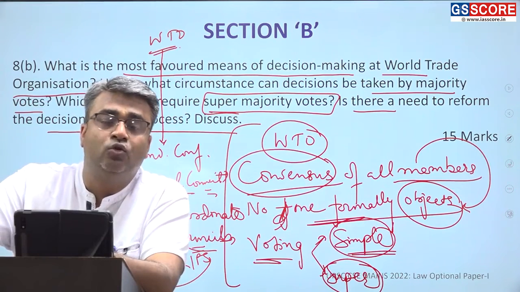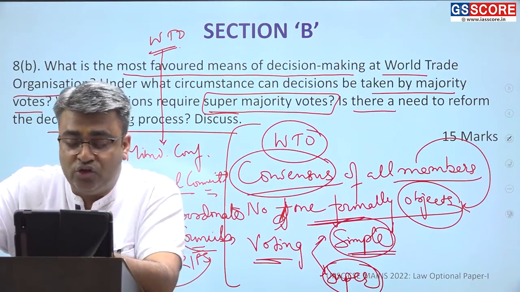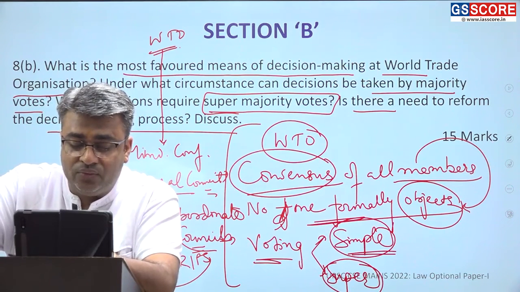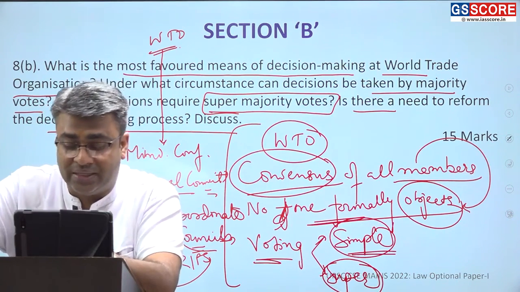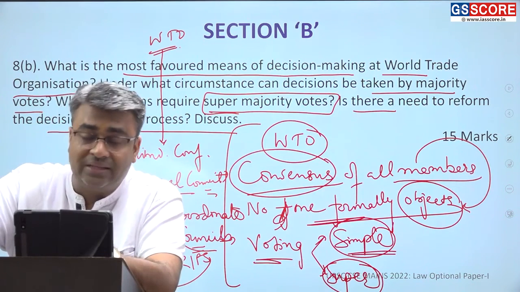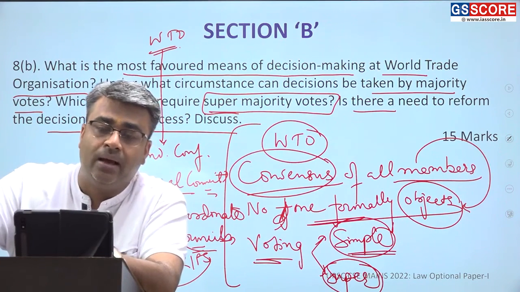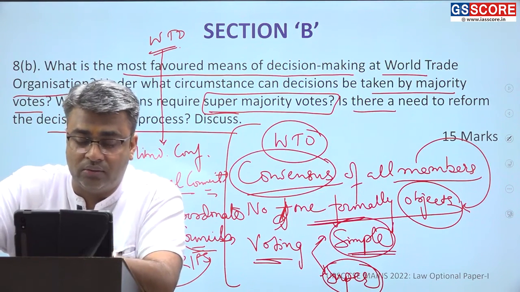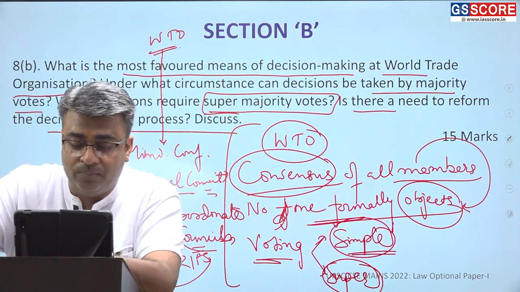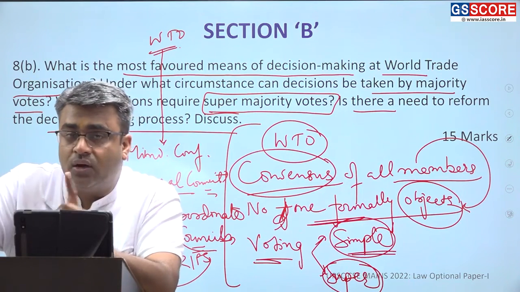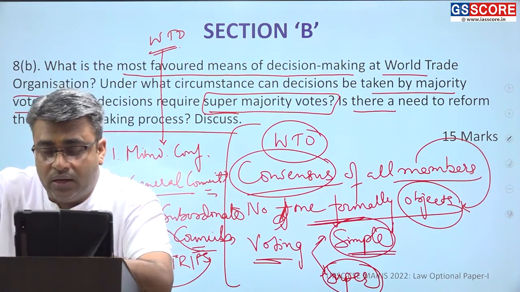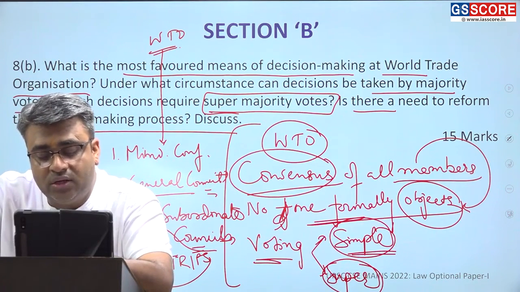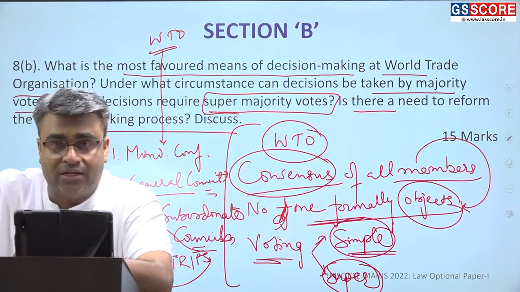The General Council looks after the day-to-day functioning of WTO decision making, and they work in three capacities. All members appoint their representatives or ambassadors to this council, and the General Council works as the dispute settlement body, the trade policy review body, and the General Council for all other matters.